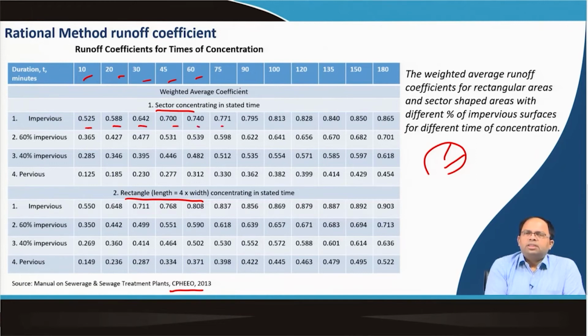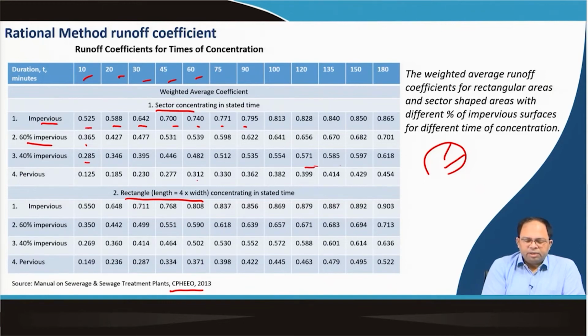The longer the duration of the rainfall, the more this factor increases, because less water would be infiltrating. Similarly, for 60% imperviousness these are the values, this is fully impervious, and for 40% imperviousness it is an even lesser value. But still, if the duration becomes higher, then this value increases, and if it is pervious, then these are the values.